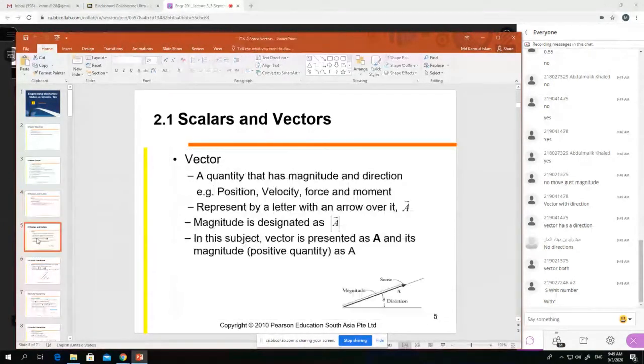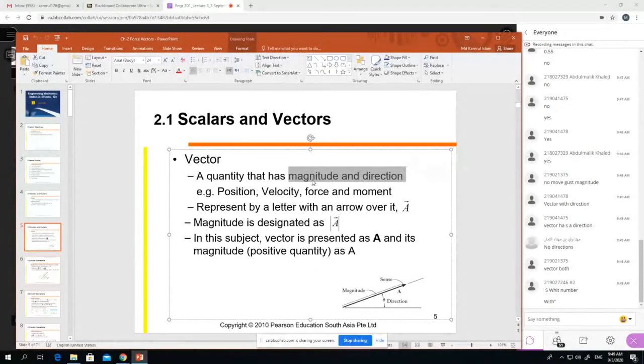And a vector is a quantity that has magnitude and direction.